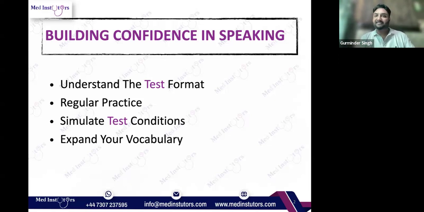If you practice again and again, you will become robust in these skills, in these phrases. So it's very important to practice it regularly. And then we can try to simulate, or get a kind of test condition. I mean to say, what we call a mock test.